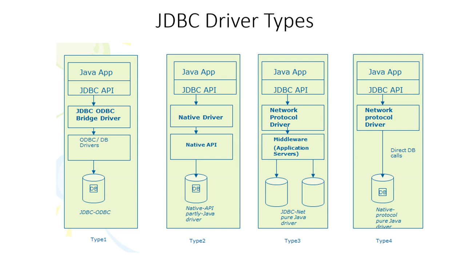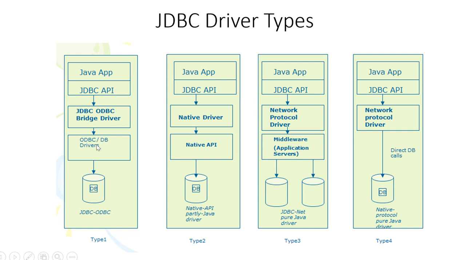This method depends on the ODBC setup and your system, and moreover, it's platform dependent. Because it goes through two layers, JDBC as well as ODBC, to reach the database, it's slow.